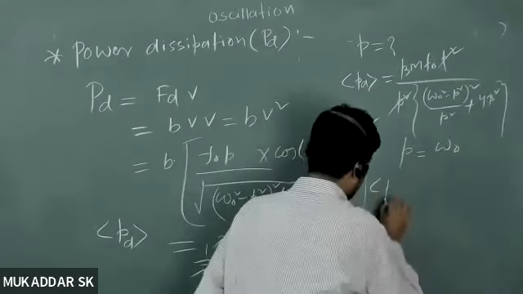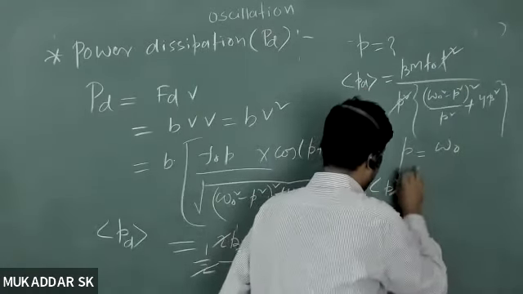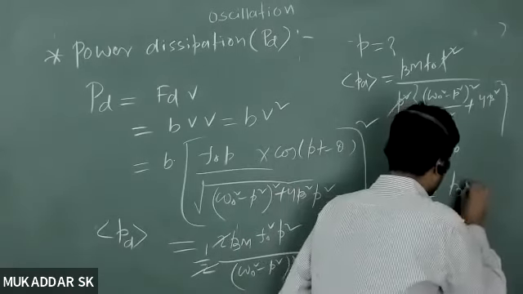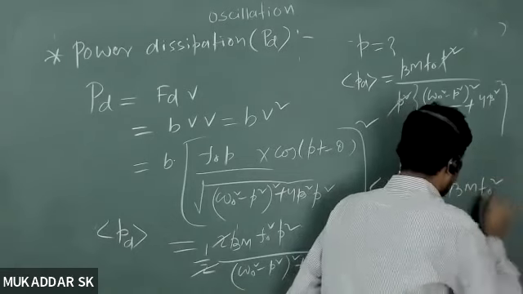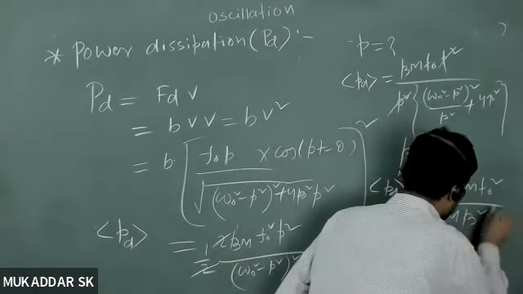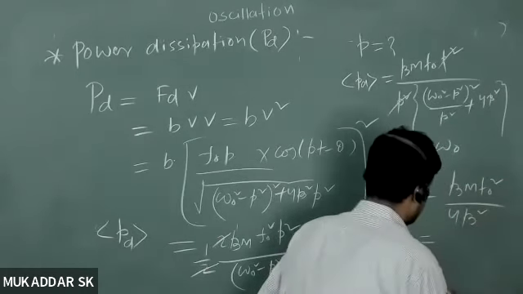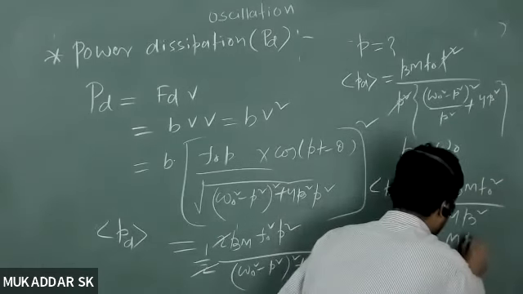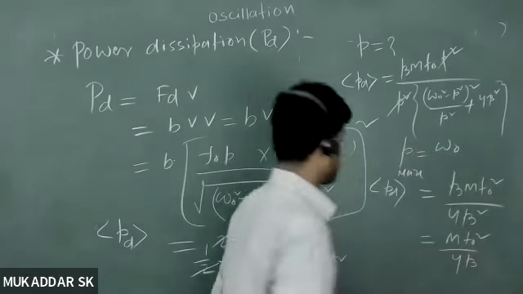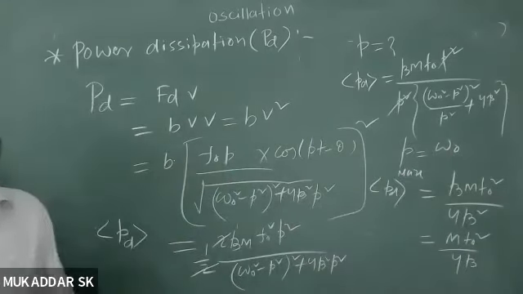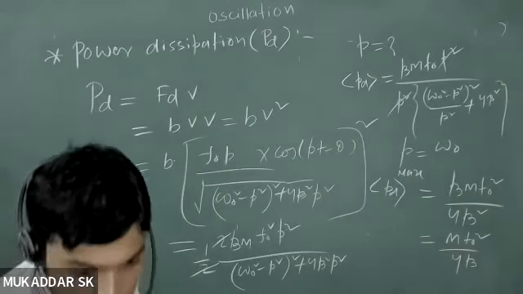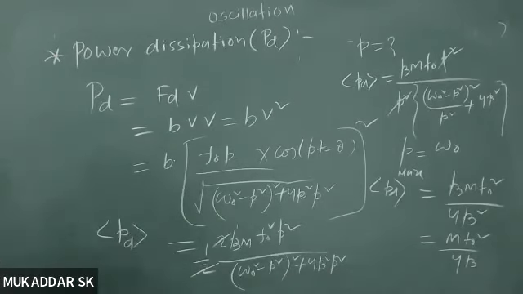So PD max will be beta m f naught square divided by 4 beta square. So it means m f naught square divided by 4 beta. Is this part clear, everyone? Yes, sir.